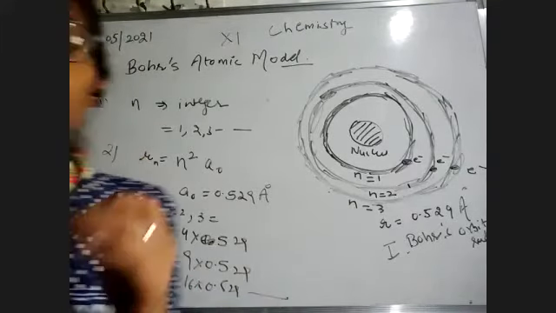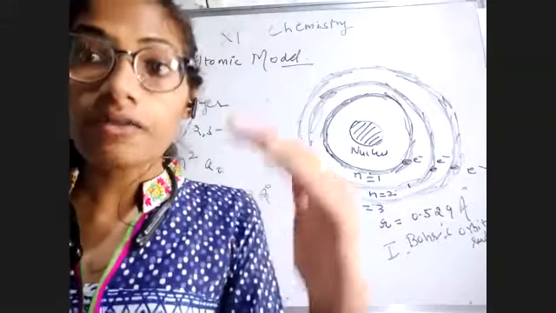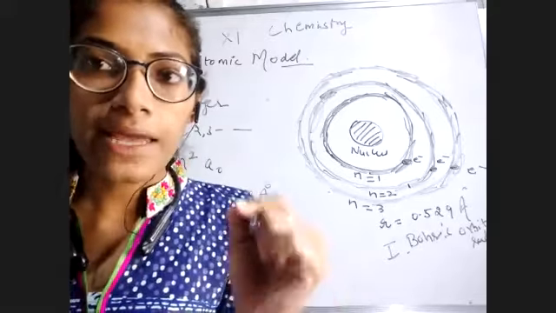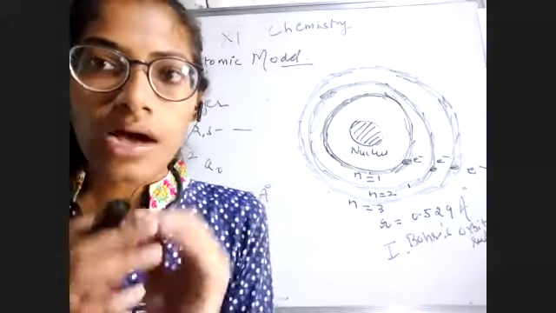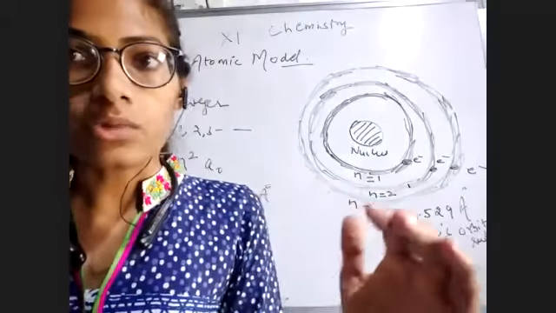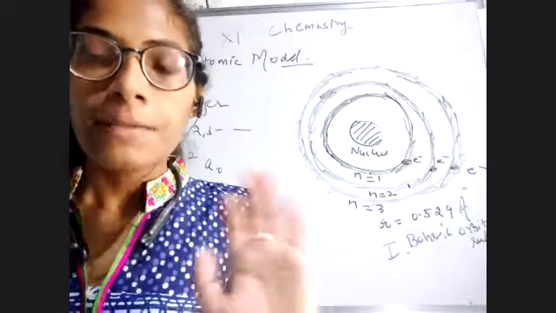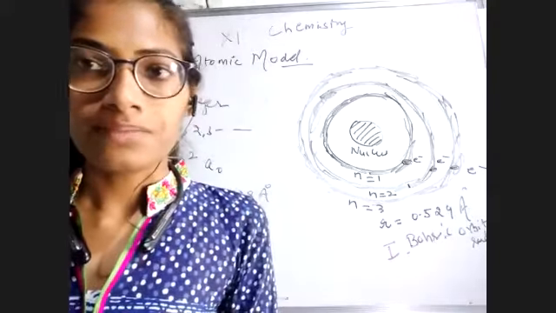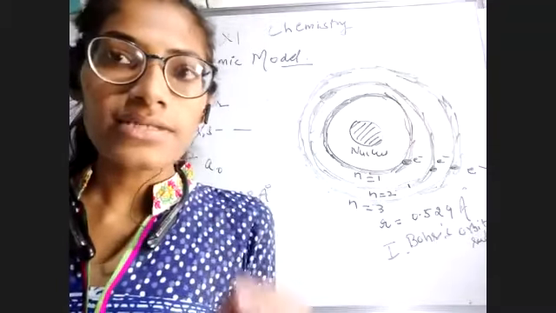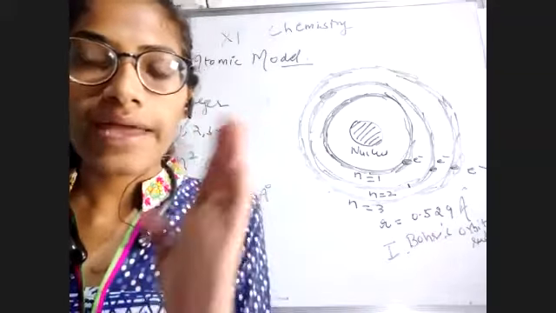That means our electrons are getting away from the nucleus. As n increases, the electron orbits get farther from the nucleus. This was also explained very well by Bohr's atomic model.